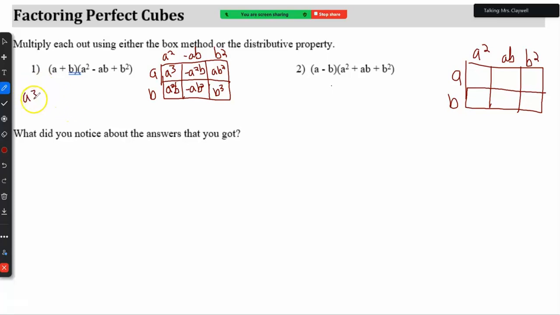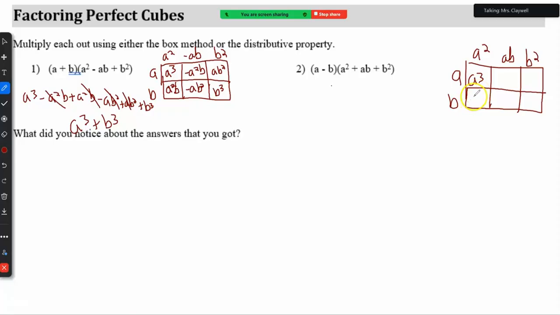And if I were to write out, the only thing I'd have left is a to the third plus b to the third.